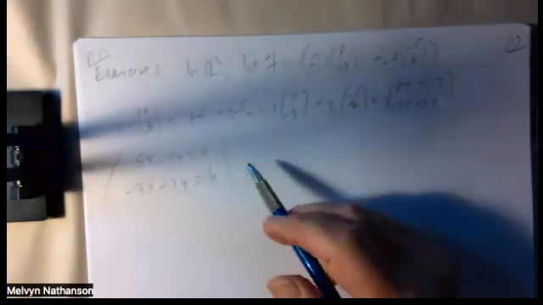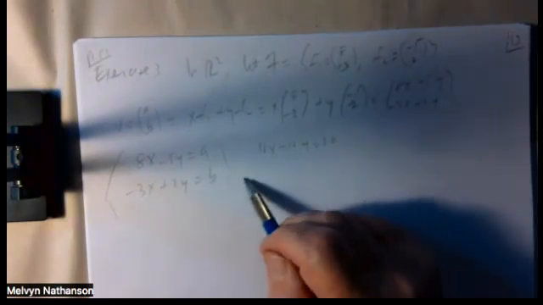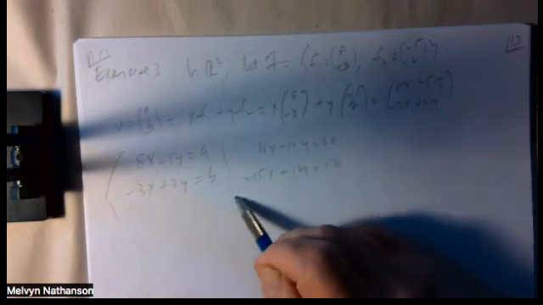How we solve it is, two equations and two unknowns. We can eliminate the y by multiplying the first equation by 2 and multiplying the second equation by 5. And when you add, you get x is equal to 2a plus 5b.